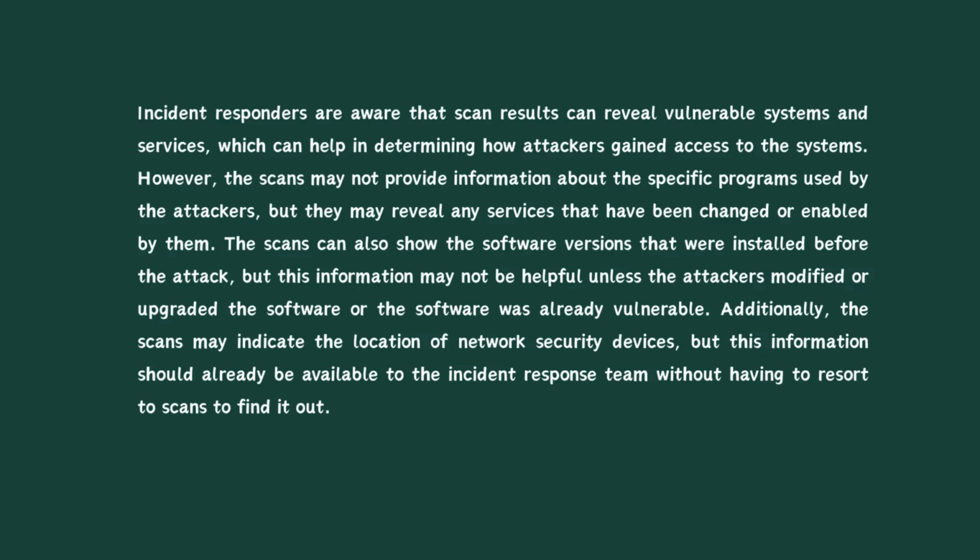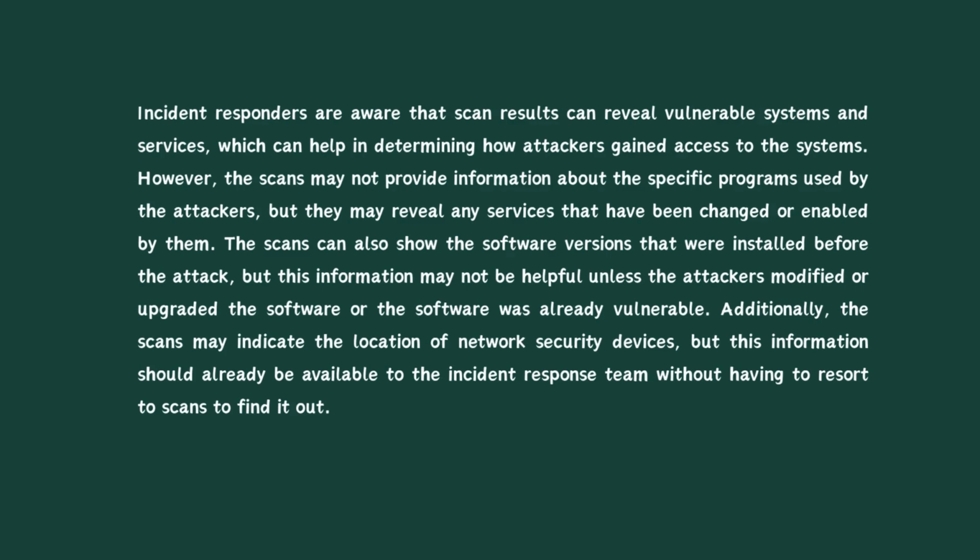Incident responders are aware that scan results can reveal vulnerable systems and services, which can help in determining how attackers gained access to the systems. However, the scans may not provide information about the specific programs used by the attackers, but they may reveal any services that have been changed or enabled by them.